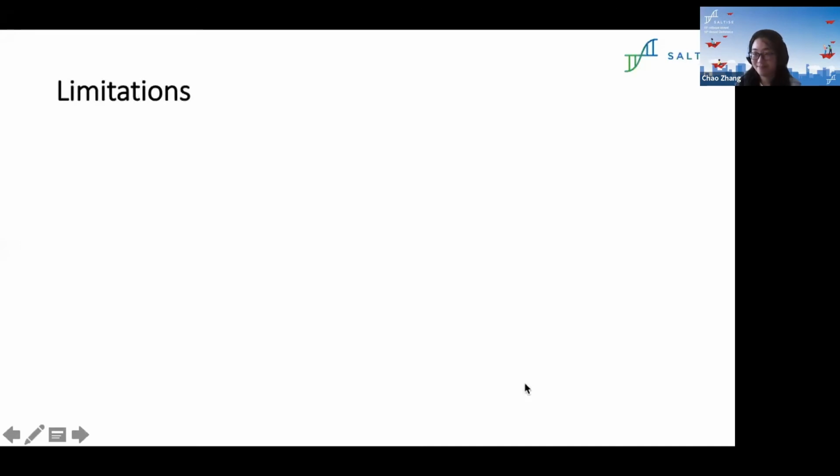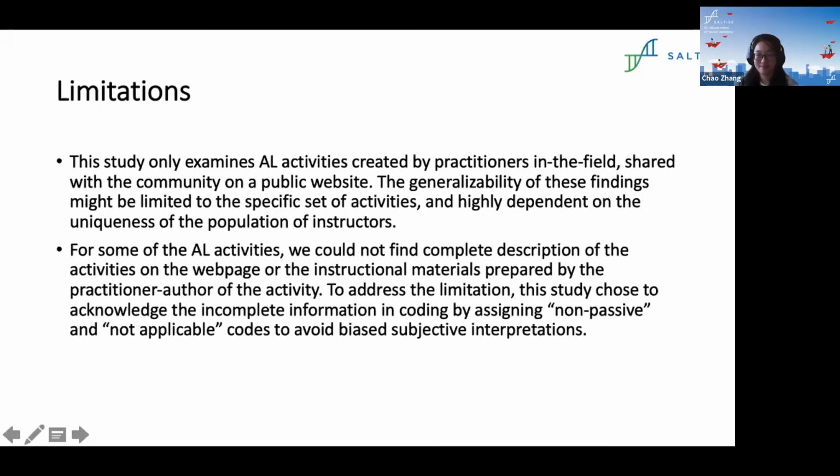So, I'll be very brief to conclude the presentation. We recognize the limitations of our study, and there are two major limitations. The study only examines active learning activities created by practitioners in the field, which are shared with the particular community on a public website. Therefore, this might limit the overall generality of these findings.